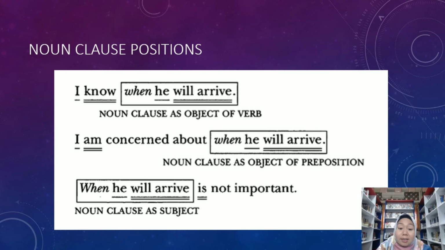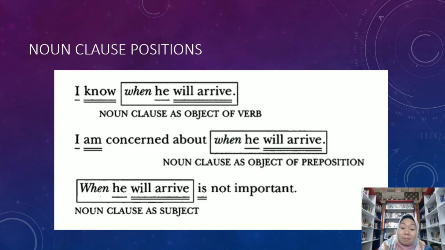The second one, a noun clause can also be the object of a preposition. This is the example: I am concerned about when he will arrive. About is a preposition, and a preposition needs an object, the object of a preposition, and it can be in the form of a clause.